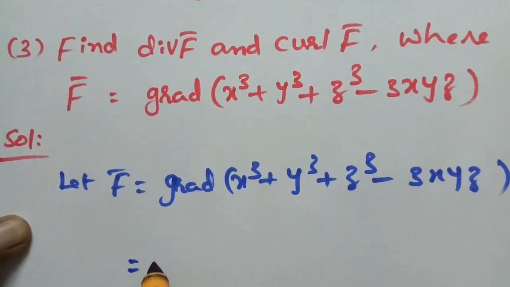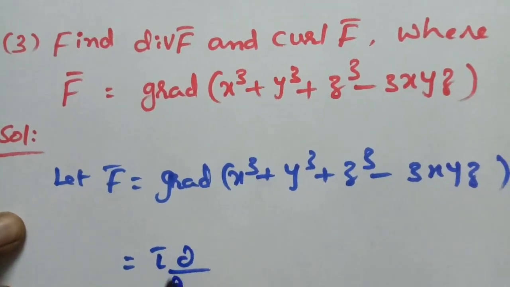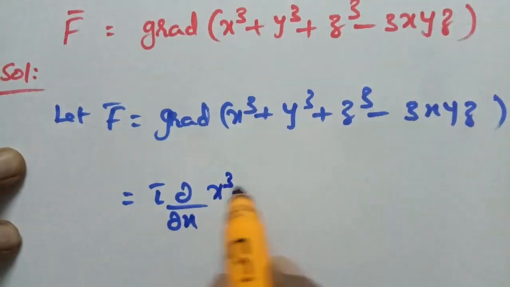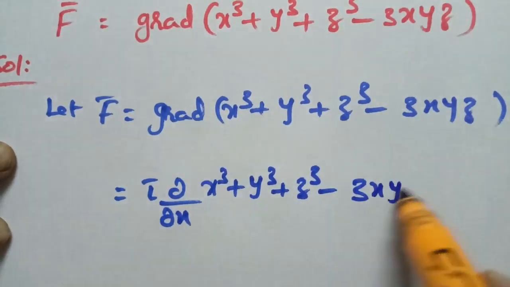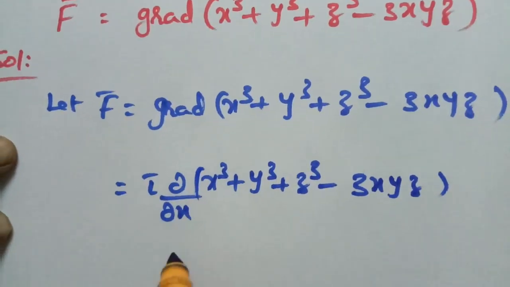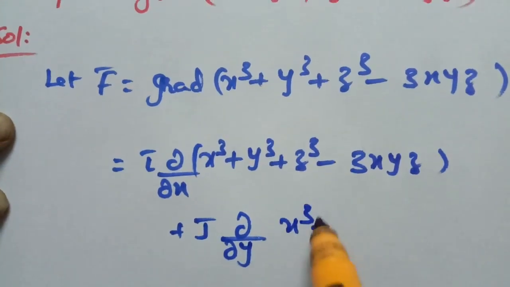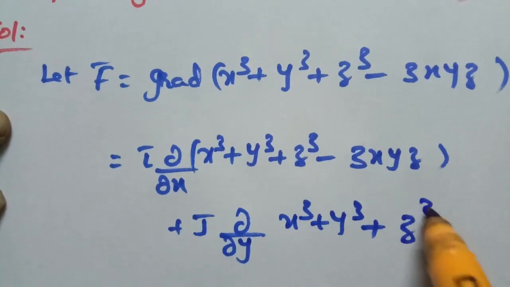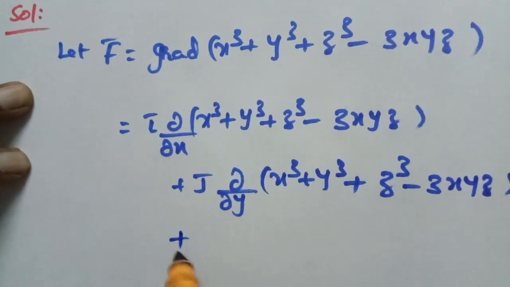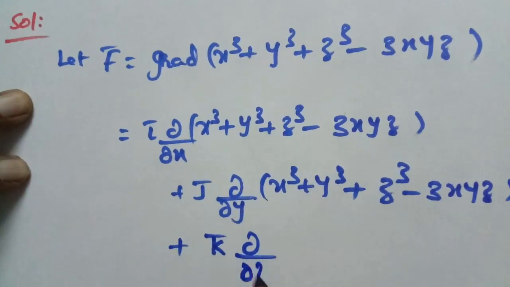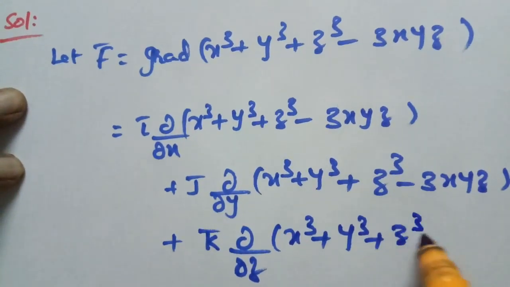That means i bar ∂/∂x of (x cube plus y cube plus z cube minus 3xyz) plus j bar ∂/∂y of (x cube plus y cube plus z cube minus 3xyz) plus k bar ∂/∂z of (x cube plus y cube plus z cube minus 3xyz).